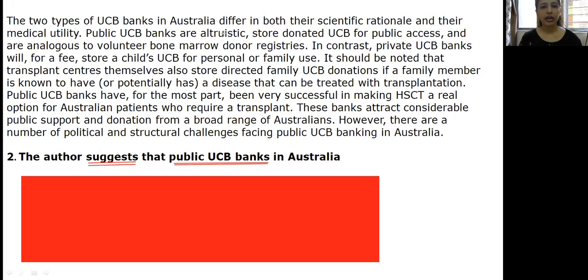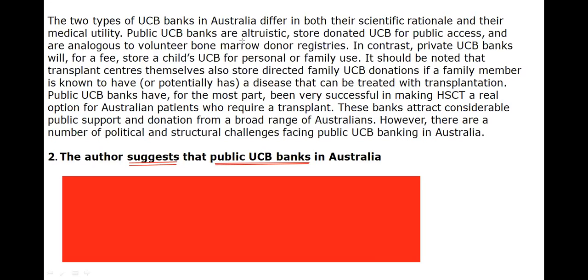Now read the paragraph first of all, and identify where the discussion about public UCB banks is given. And then identify whether the writer, again in this paragraph, is more in favor of public UCB banks or against it. And then type F or A in the chat box.